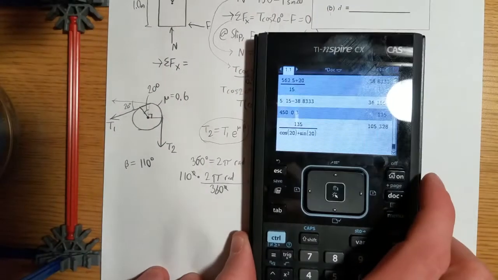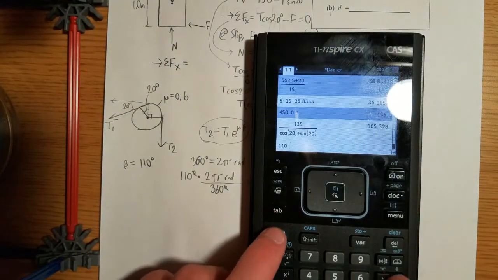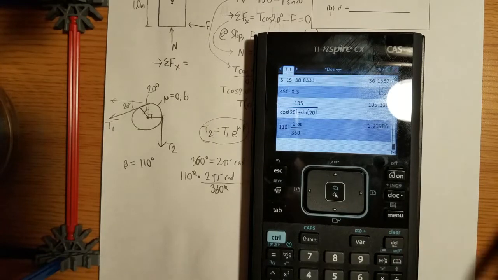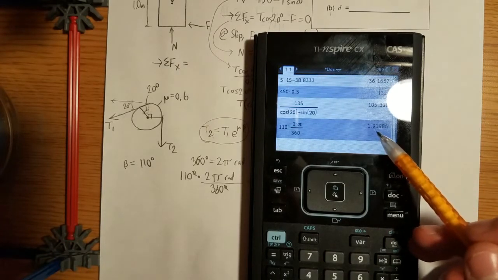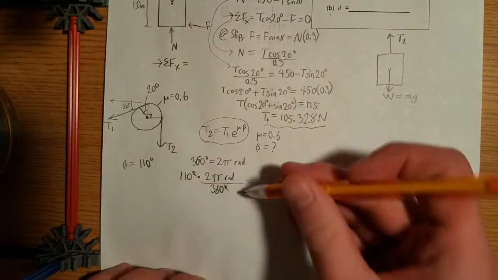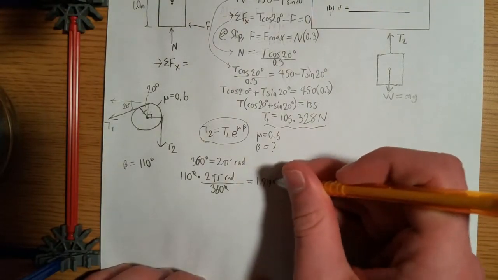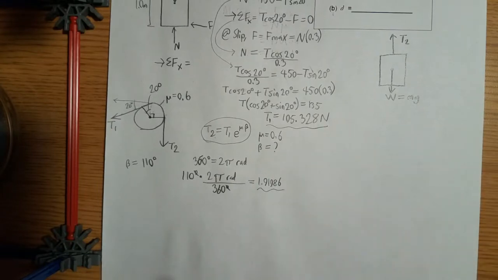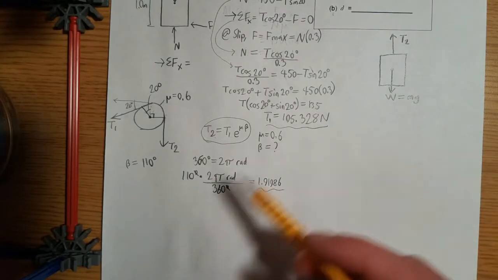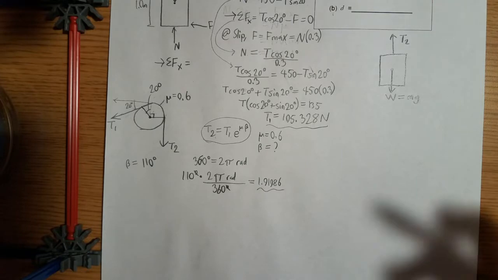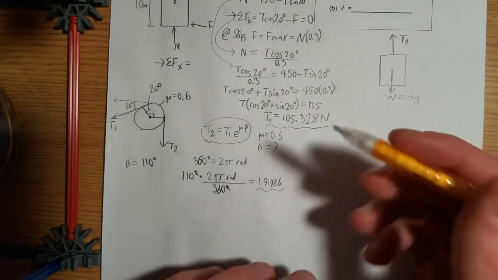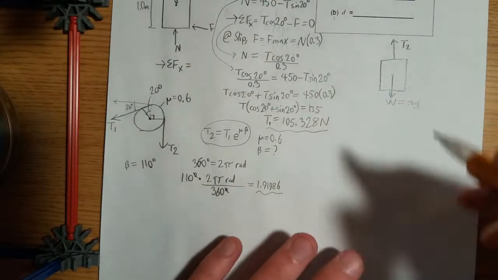Get the calculator out: 110 times 2 pi over 360. We get 1.91986. I'm just going to write down the whole thing so we have enough sig figs that our final rounding should be as accurate as possible. You don't have to overdo it, but it definitely helps to have some extra ones.